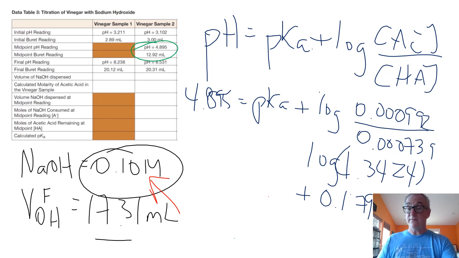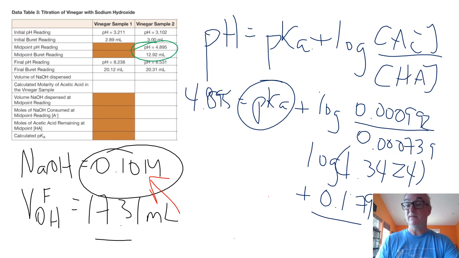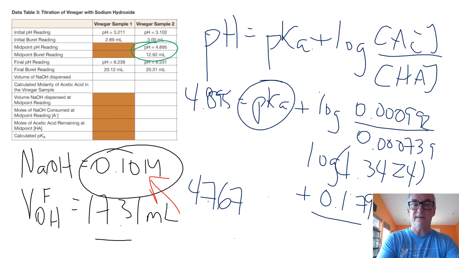Now we have all the information we need, because all we need to do is subtract 0.1279 from both sides of the equation, and that will leave us with pKa. So when we do that, we get 4.767 equals pKa.